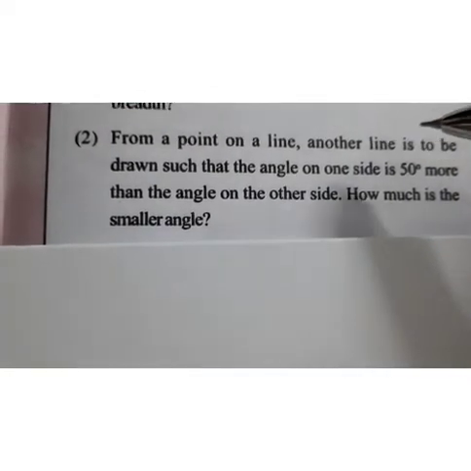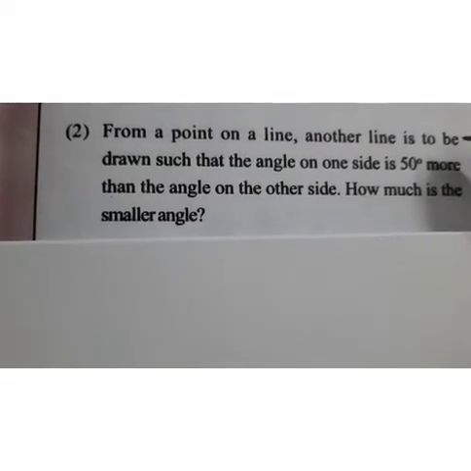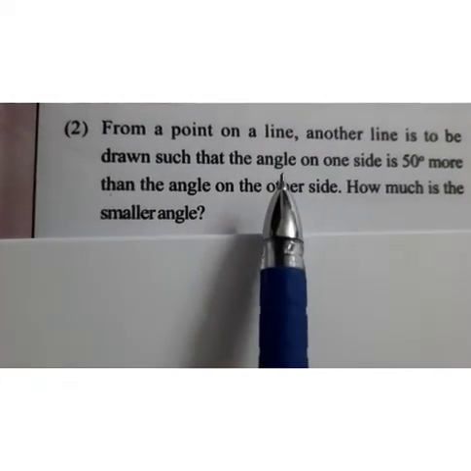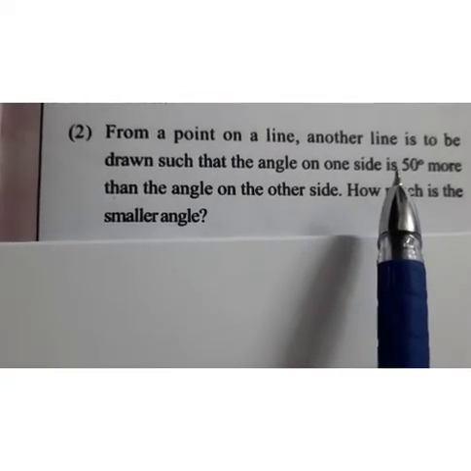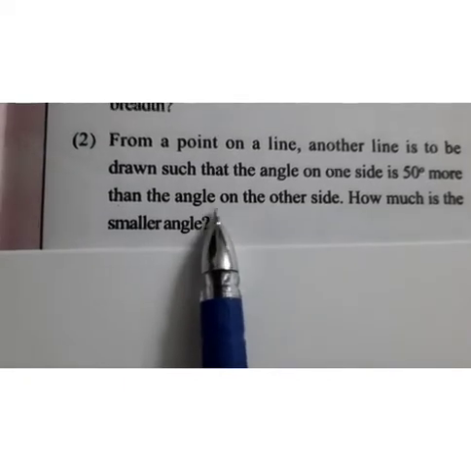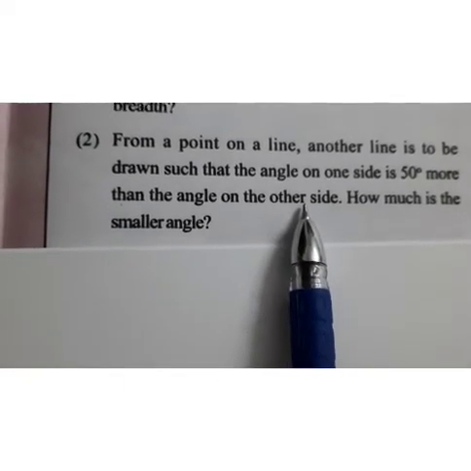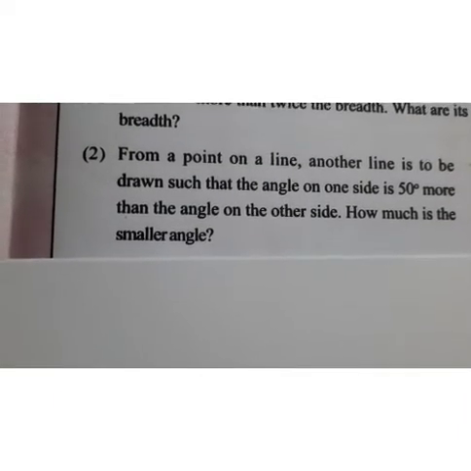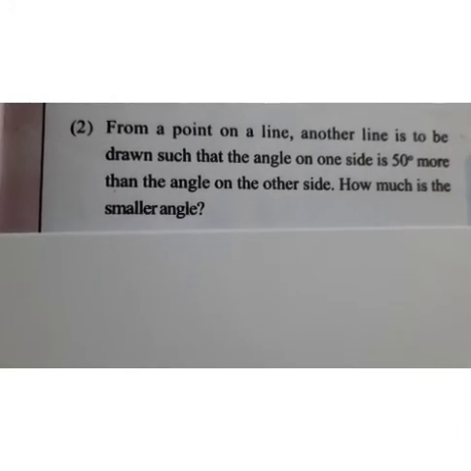From a point on a line, another line is to be drawn such that the angle on one side is 50 degree more than the angle on the other side. How much is the smaller angle? From a point on a line.